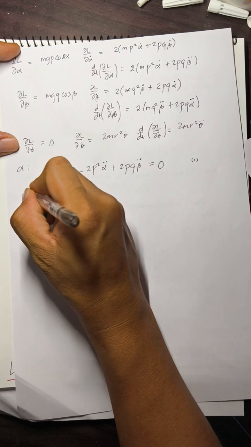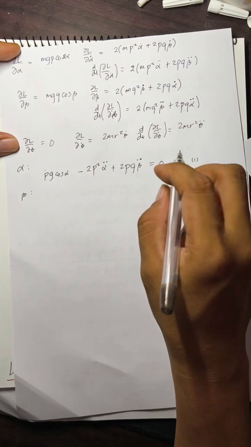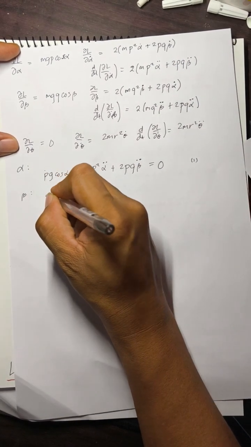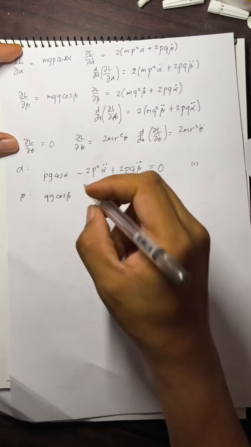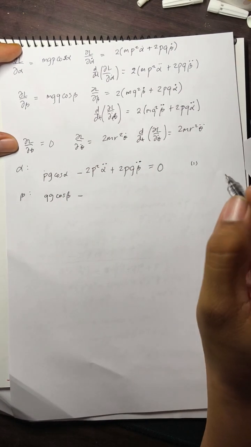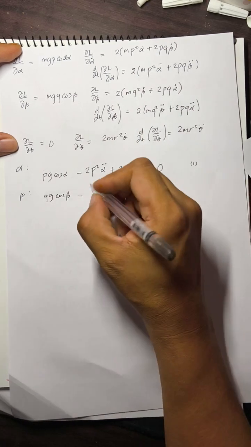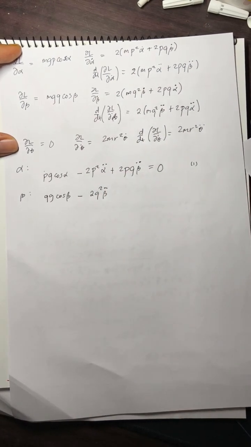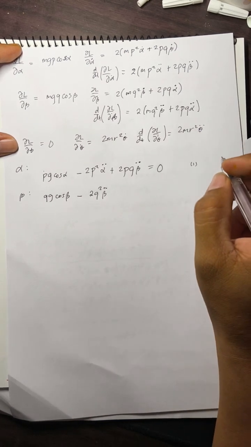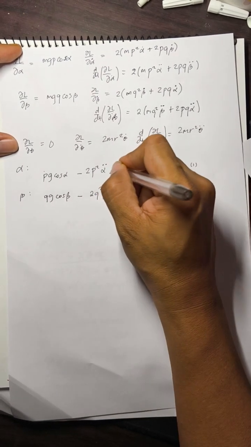And for beta, we have qg cosine of beta minus 2q squared beta double dot. I think this should be a minus here.